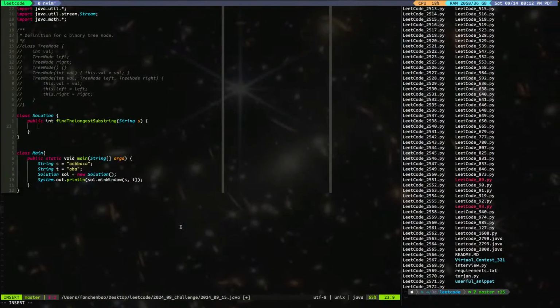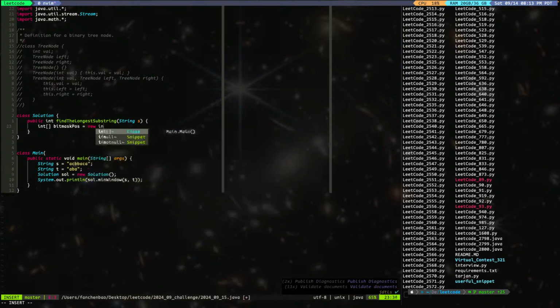So we say int array. I actually don't even need an int array. No, you need an int array. You need a position. So this is the bitmask position.